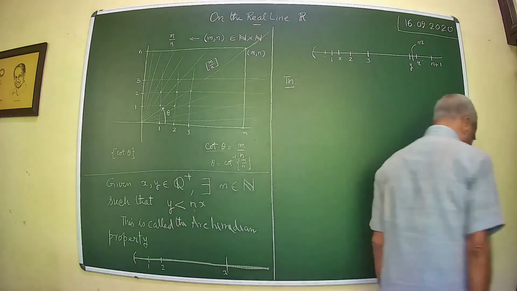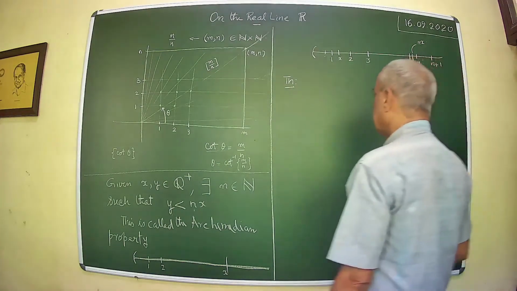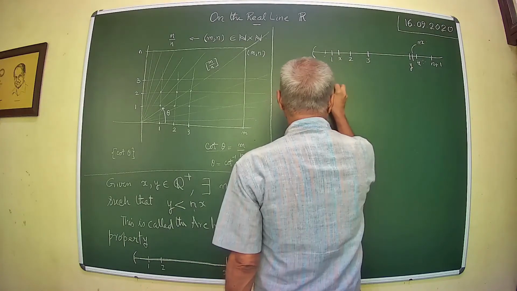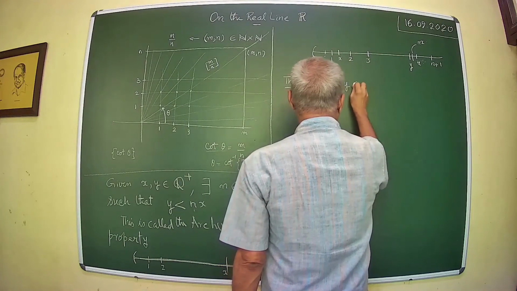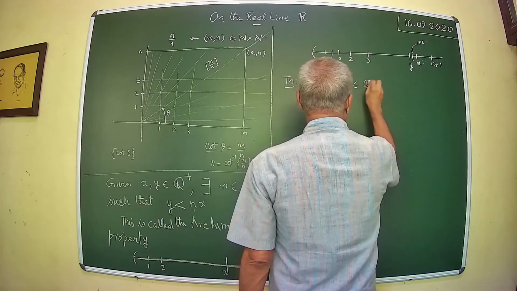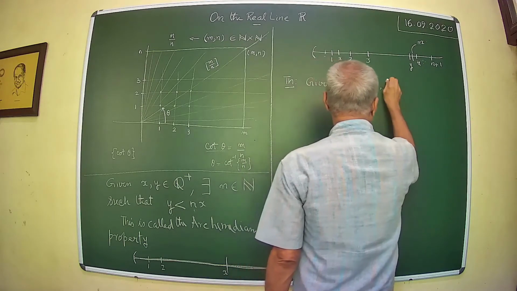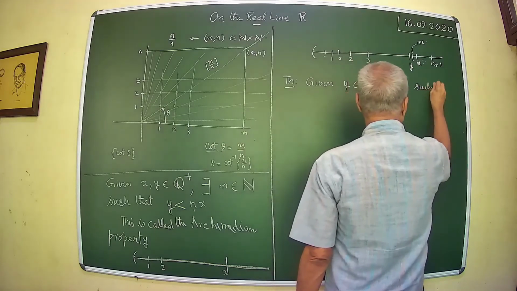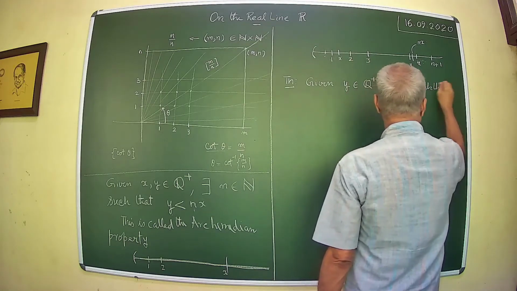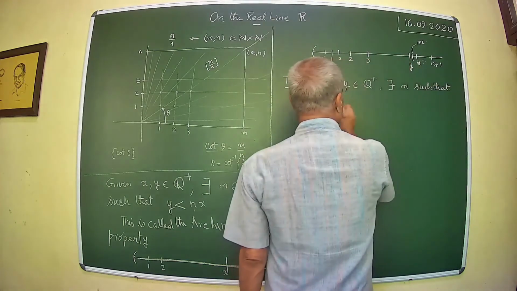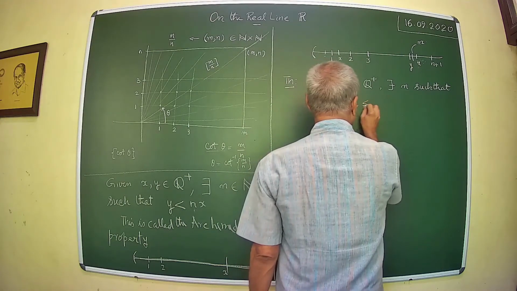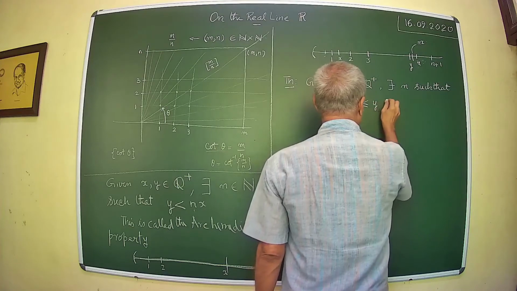Now yet another result that you can prove is the following. It is given y belonging to Q plus, there exists n such that n is less than or equal to y less than n plus 1.